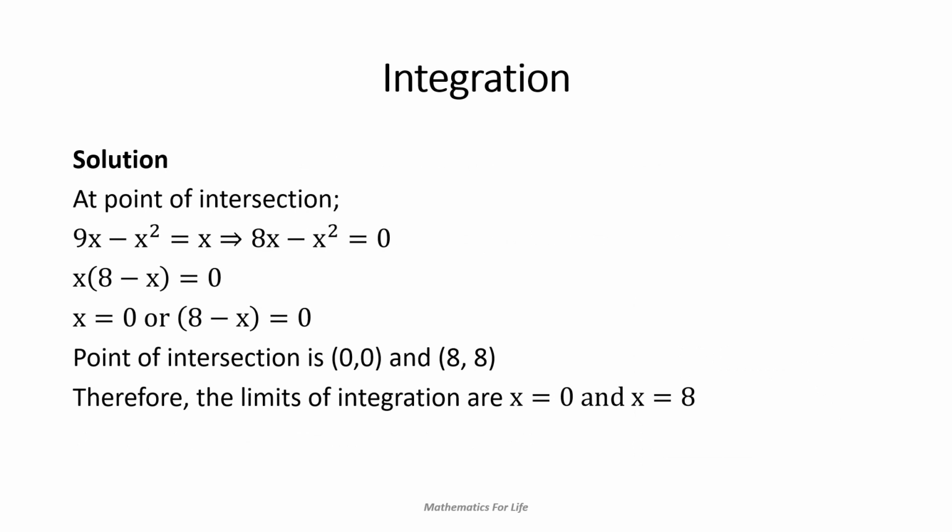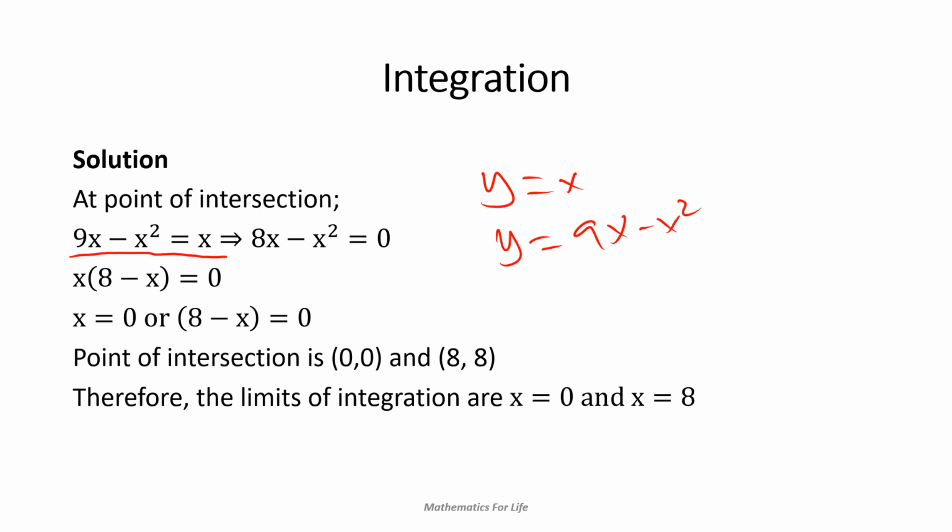At the point of intersection, y equals x will be equated to y equals 9x minus x squared, and therefore that will give us 9x minus x squared being equal to x.